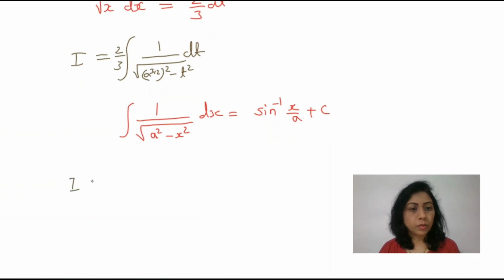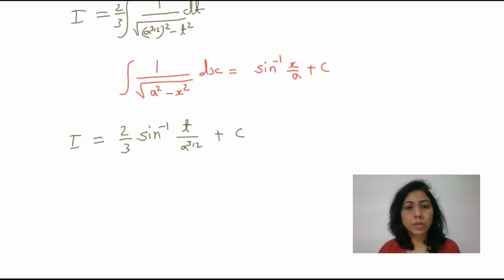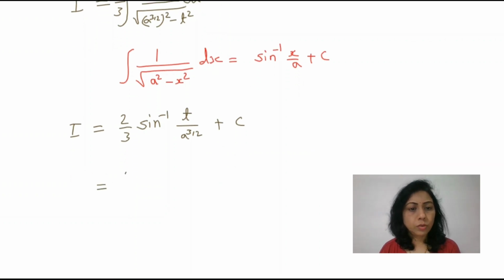So here 2 upon 3 sine inverse, x value here is t, and here the value of a is a to the power 3 upon 2, plus c.